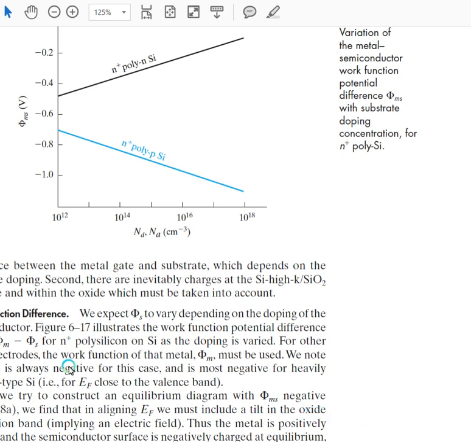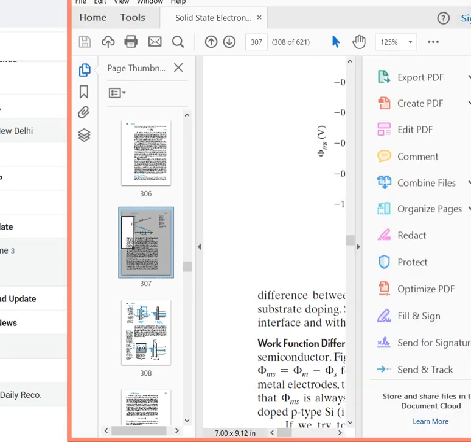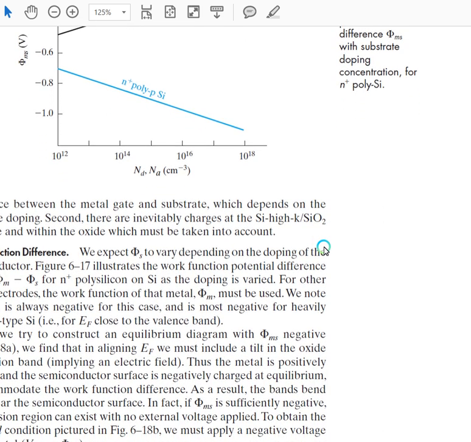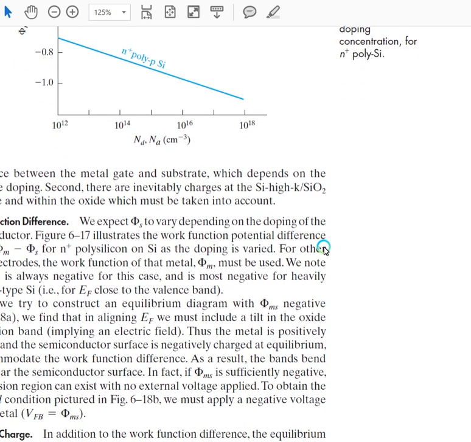This term, phi ms, the work function difference of the metal and the semiconductor, must be supplied by the applied voltage on the gate. Then only will we be able to achieve the equilibrium diagram.